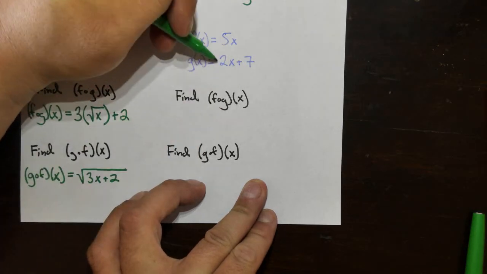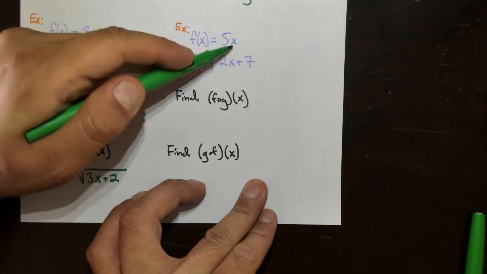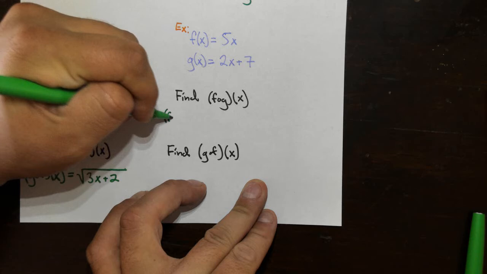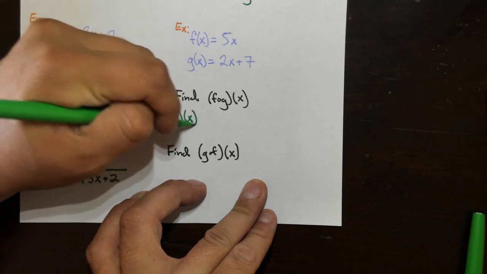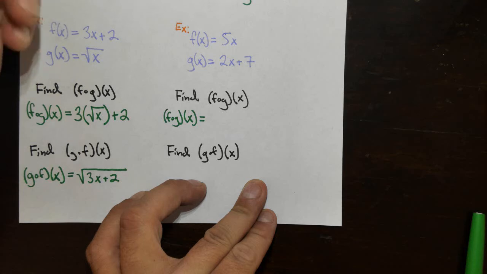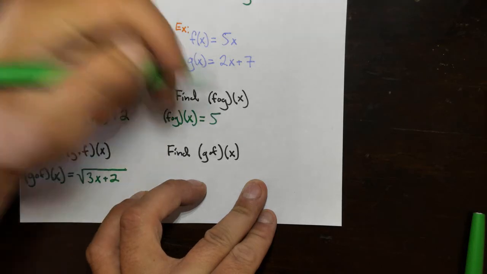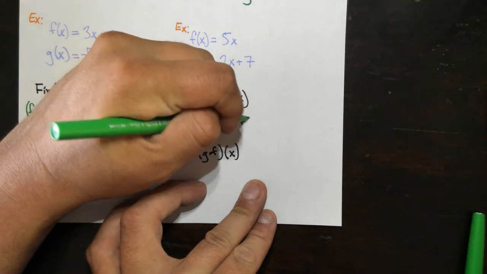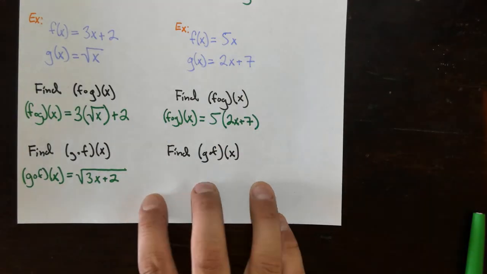So I'm going to put this 2x plus 7 in for my x. So this is how it's going to look. We're putting g inside of f. So 5x, but the x is now my g of x function, so 2x plus 7. Just like that.